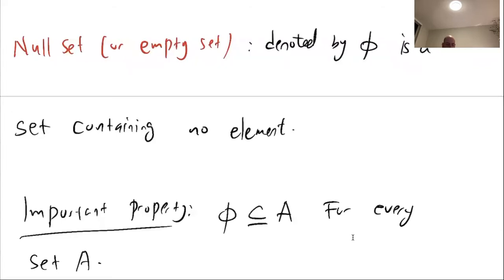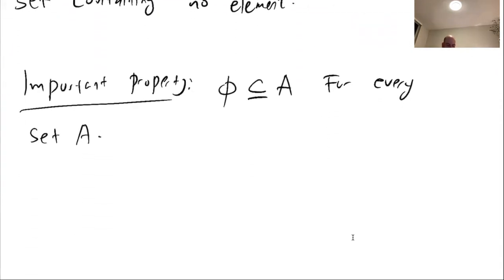Why can we say that the empty set is a subset of every set in the world? So the reason is, or proof: whenever you want to prove a statement in mathematics, first you have to think about the definition.